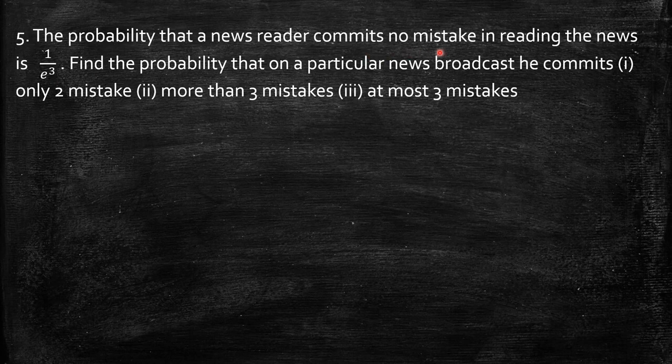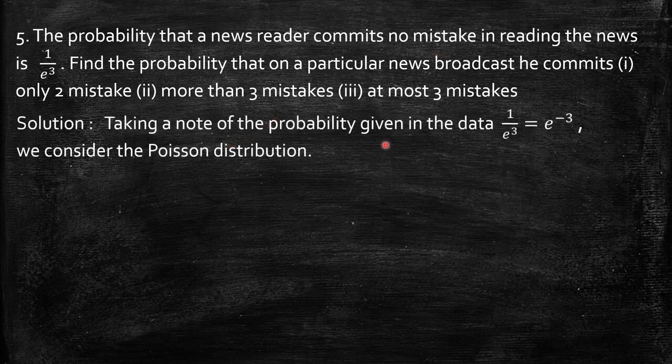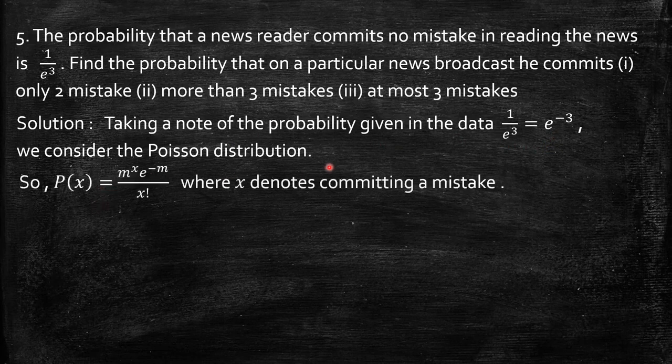So with that data, let me first take m. Taking note of the probability given in the data, that is e power minus 3, we can consider it is a Poisson distribution. Now for Poisson distribution, we know that the probability function is m power x exponential minus m by x factorial, where x denotes in this problem committing a mistake. Correct? So now the first line gives committing 0 mistakes with the probability exponential minus 3.